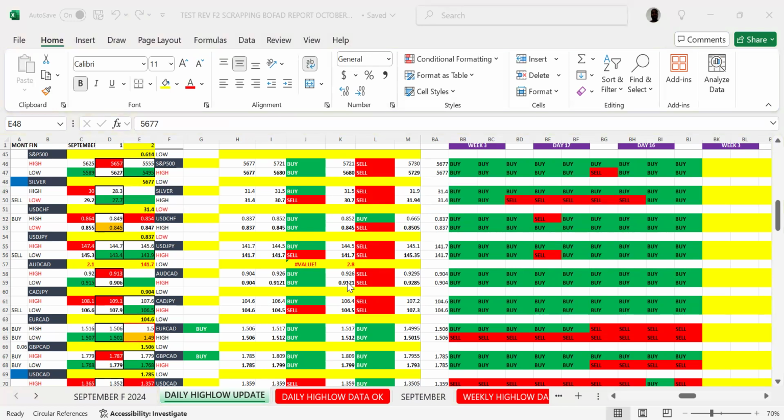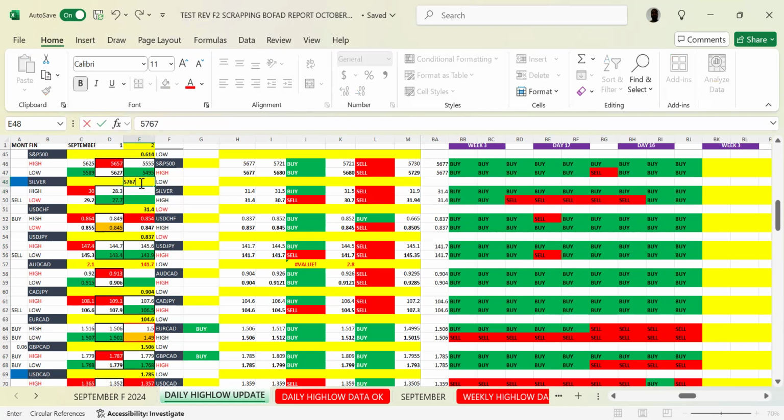On 5767, you can see it's telling us again to sell. So currently, this is the last update, 5767, and the last update is telling us to sell for now. Okay, so that is S&P 500.